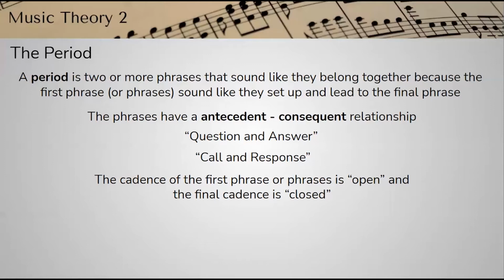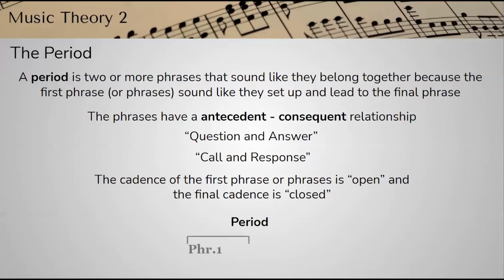Which needs to be this. So that first little part is the question, the antecedent, the call, something that sets up what comes after it. And then the second part is called the answer, or the response, or the consequent part of it. So that's the basic relationship we're talking about.